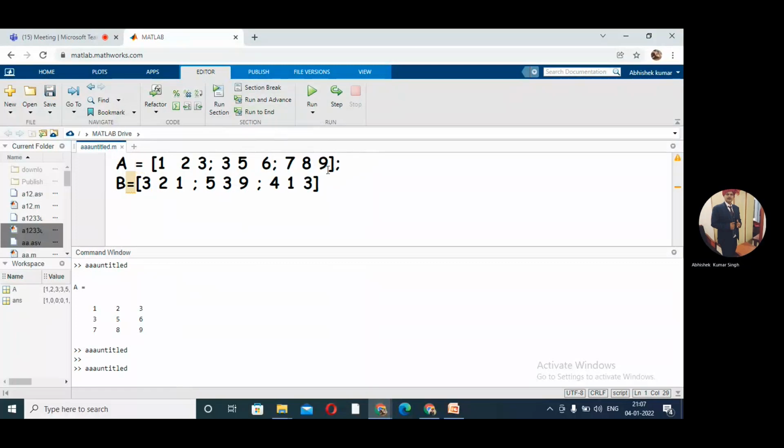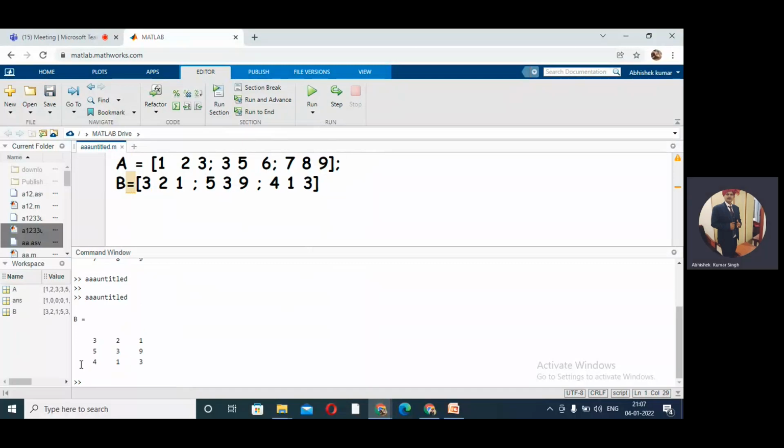Let us see. Yes, you can see the B matrix. Now I'll put the semicolon. If I run that program, it won't show matrices A and B, but the matrices exist.